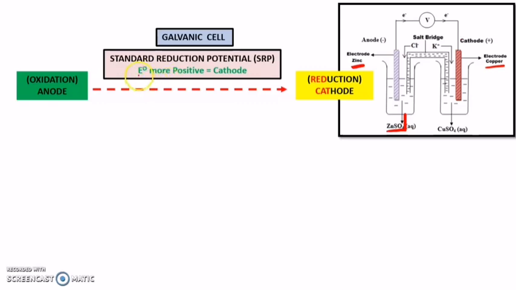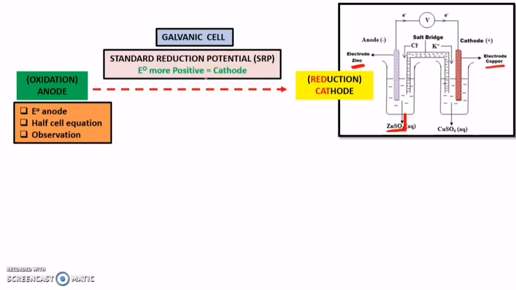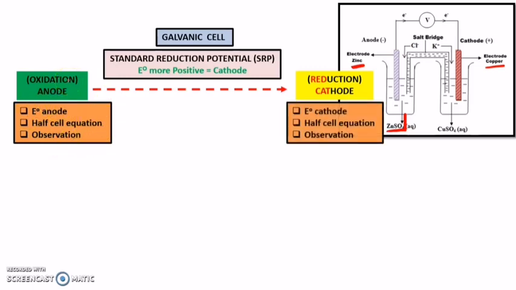If the value of E naught is more positive, that electrode will be the cathode. From the standard reduction potential, we will have the E naught value at the anode, and we can write the half cell equation and also state the observation that occurs at the anode. Same as what happens at the cathode electrode.